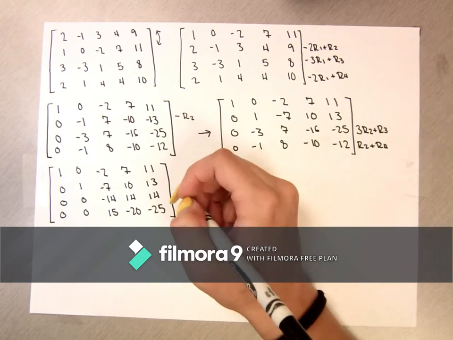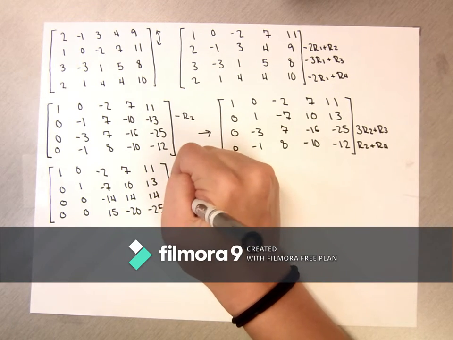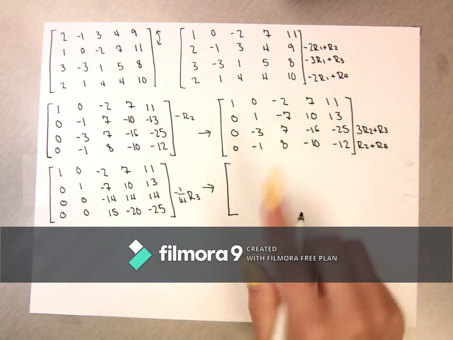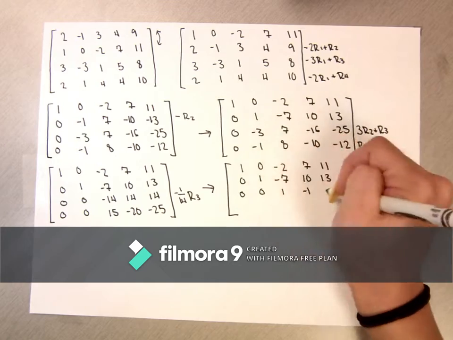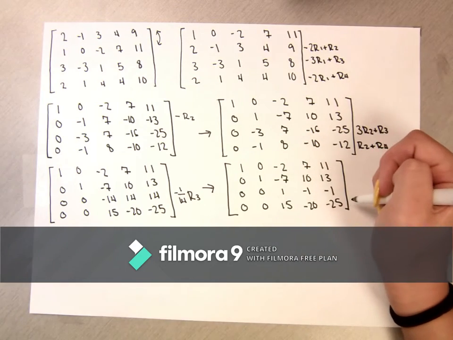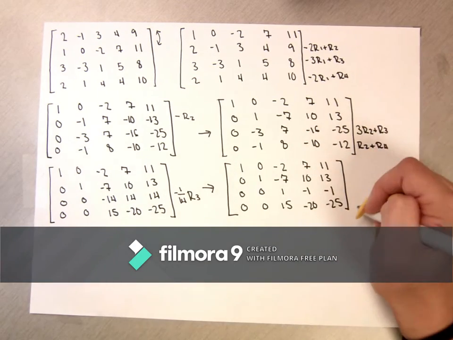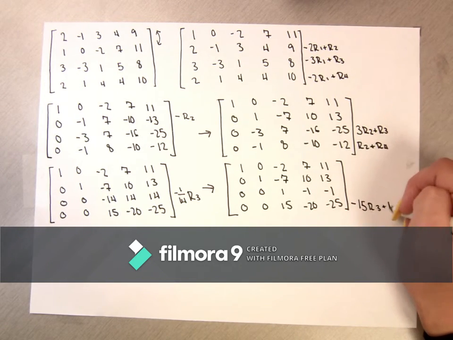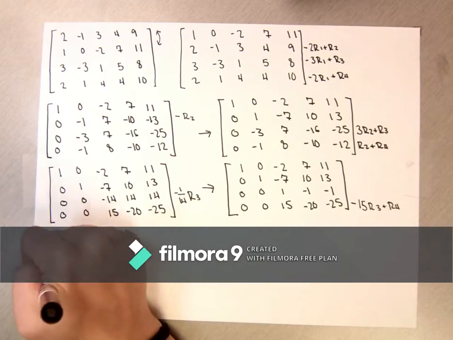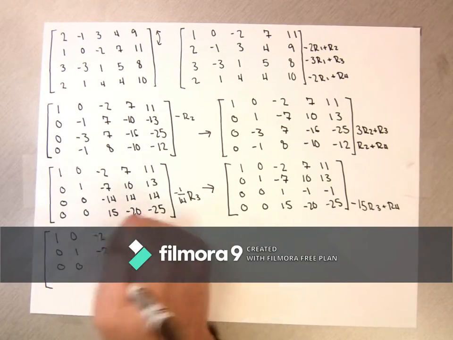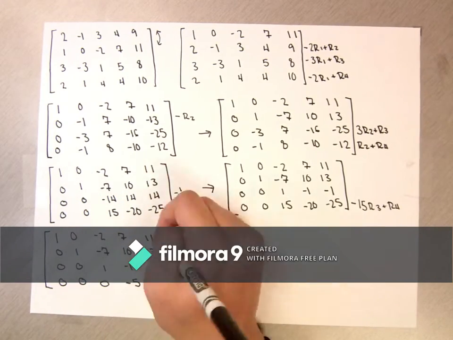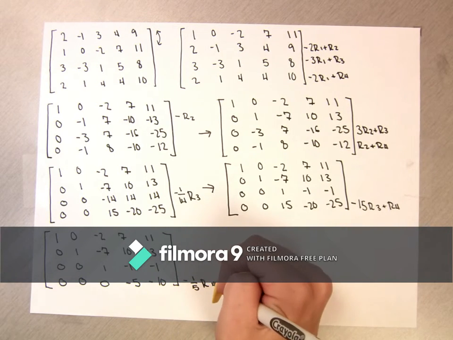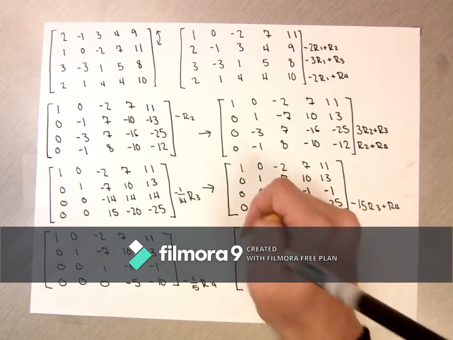To get our leading one in row 3, we will multiply row 3 by -1/14. Next, we will put a 0 value under the leading one in column 3 by multiplying row 3 by -15 and adding that to row 4. Finally, to complete our diagonal of leading ones, we will multiply row 4 by -1/5.